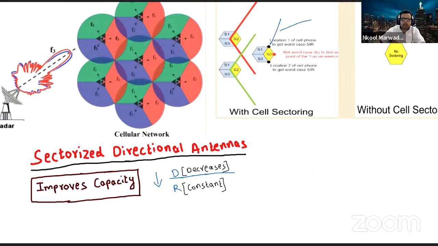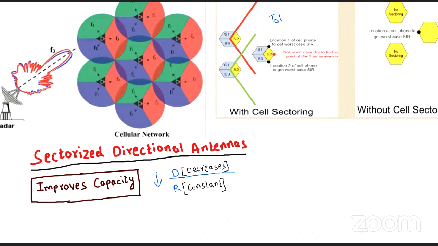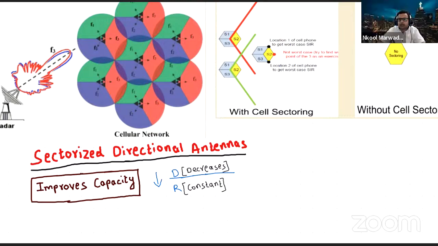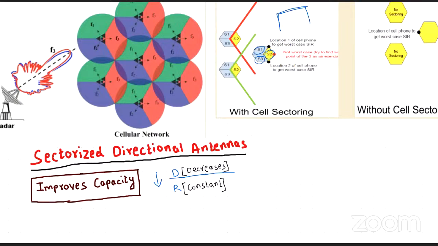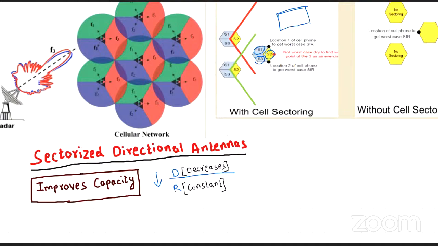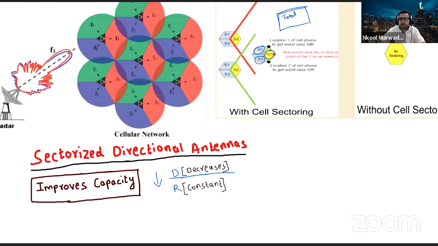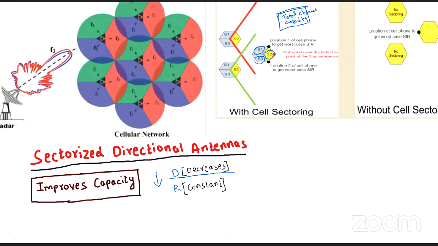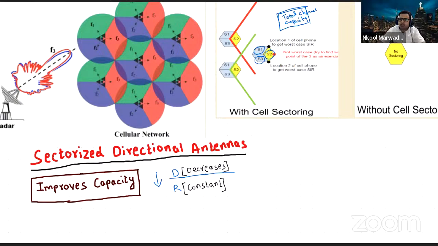Once again, what I'm trying to say is that I have a total capacity of the system. Now, when I'm doing the sectoring, out of this, I will be doing more and more division of this, because of which the frequency reuse will increase.